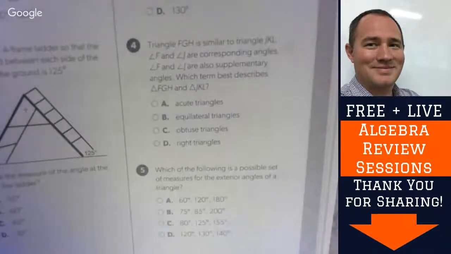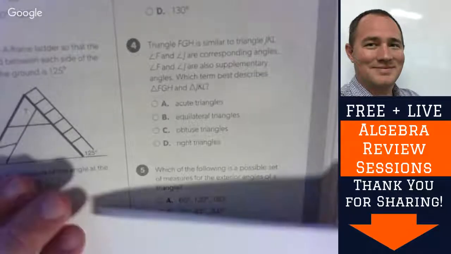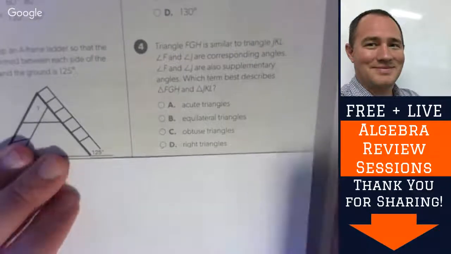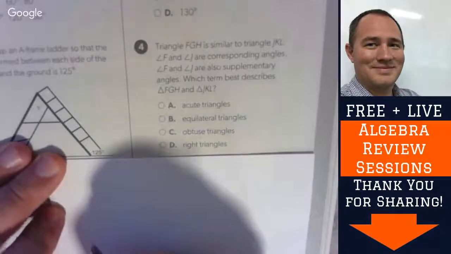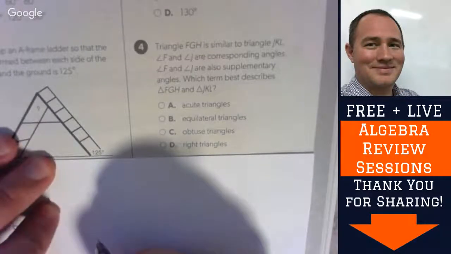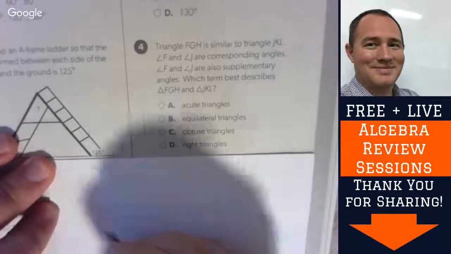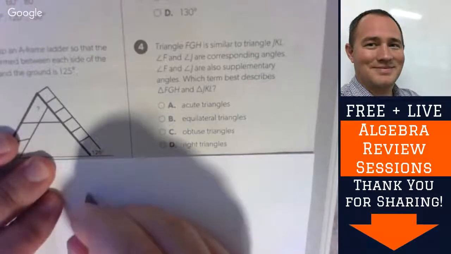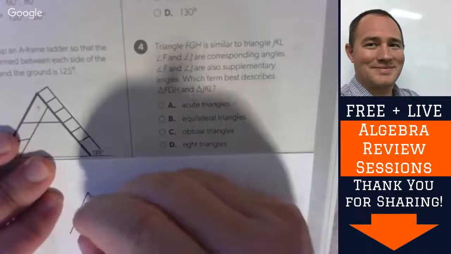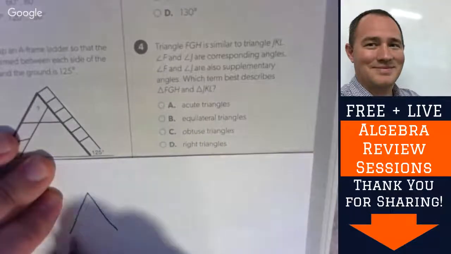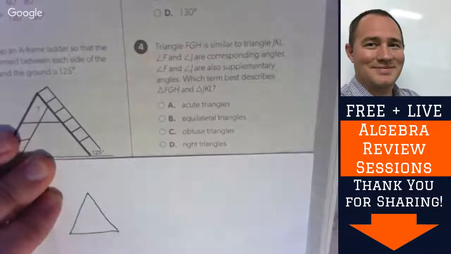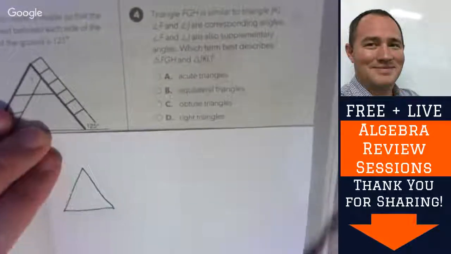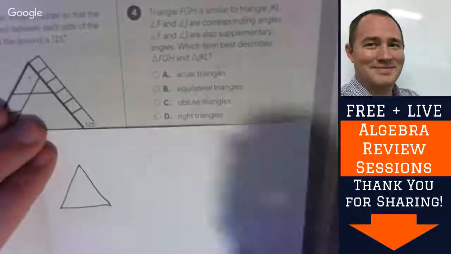Maybe we can even draw a picture. So they're saying they're similar, so I'll try to draw something. Now, this can also be a trick on standardized tests, is the drawing that you see could look nothing like what they're talking about.